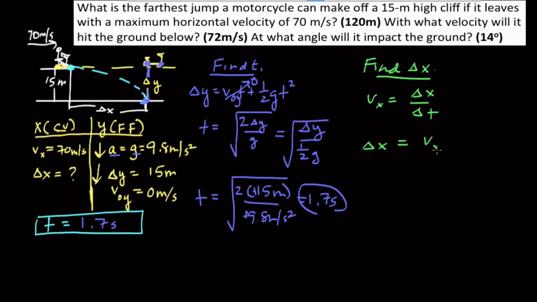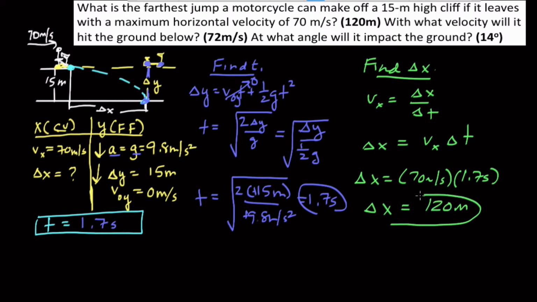Now I substitute. The horizontal velocity is 70 meters per second, and the time is 1.7 seconds. And when I do that math, I get that it went 120 meters. So during that 1.7 seconds it took to hit the ground, it traveled 120 meters.